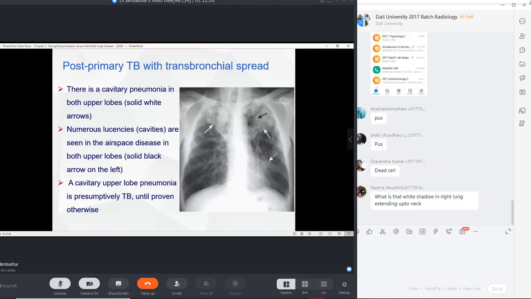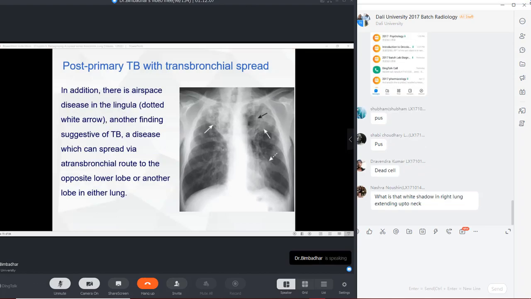Okay. Now, exactly, that is what I have been saying. The extension of the shadow indicates that the air space and interstitium are both involved here. Okay, it is a consolidative pneumonic-like feature. Is it clear, Nashra?